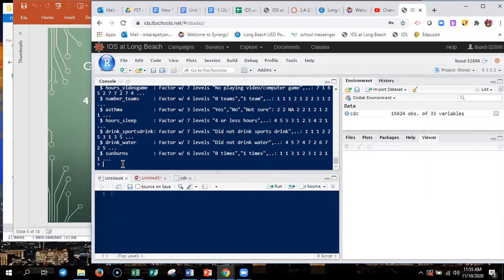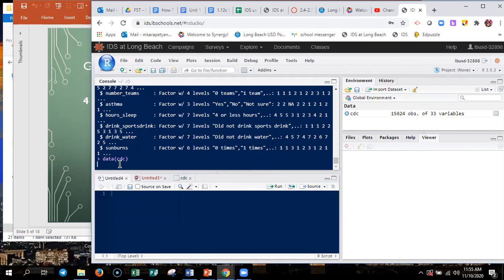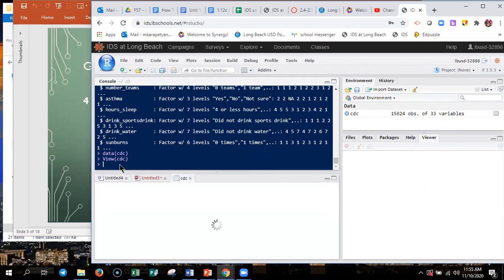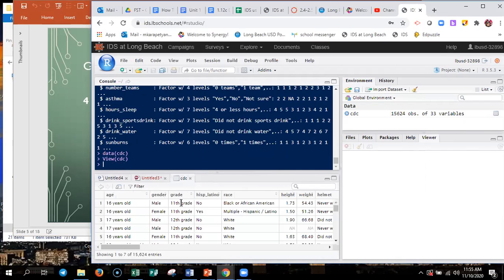So if I want to see my data, I'm going to put my code right here. And then I can hit view data, and we'll talk about this, so don't be discouraged. And then my data pops up right there in my preview.